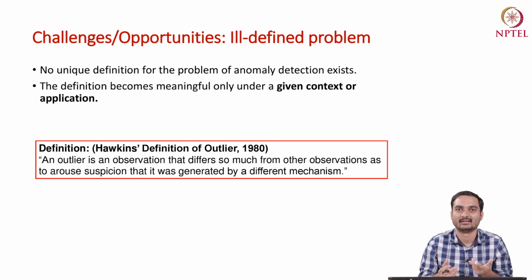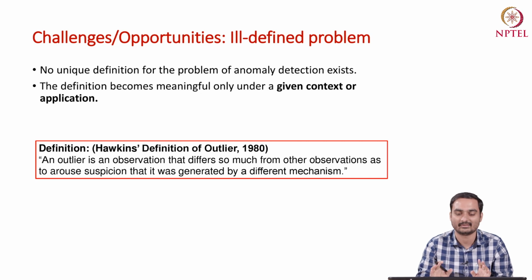I can define it in my own way, you can also define it in your own way, and that is challenging and that is also an opportunity, because you can come up with your own definition, and if you convince others that this definition makes sense, you can write papers, okay, you can design methods which can capture communities of your own type. Here also anomaly detection is an ill-defined problem.